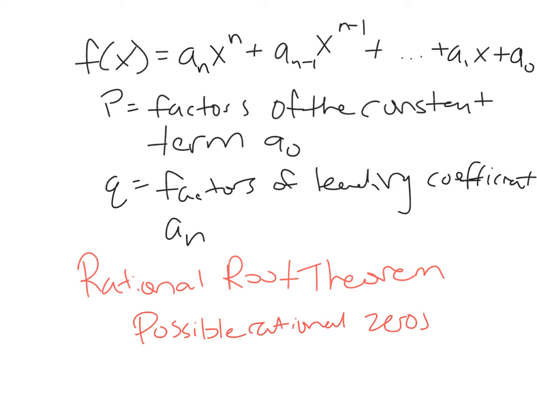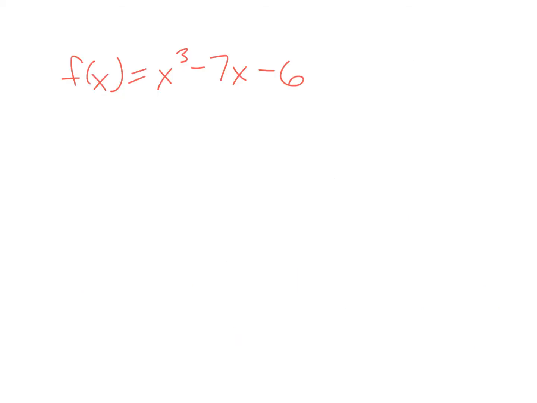So what we can do is use the rational root theorem so that we can find out what our possible zeros can be. So possible rational zeros are going to be our p's over our q's. P being factors of the constant term a sub 0, and q's being the factors of the leading coefficient a sub n.